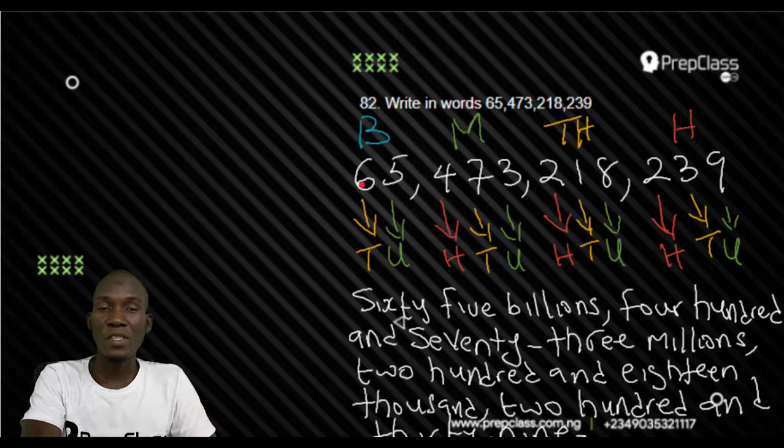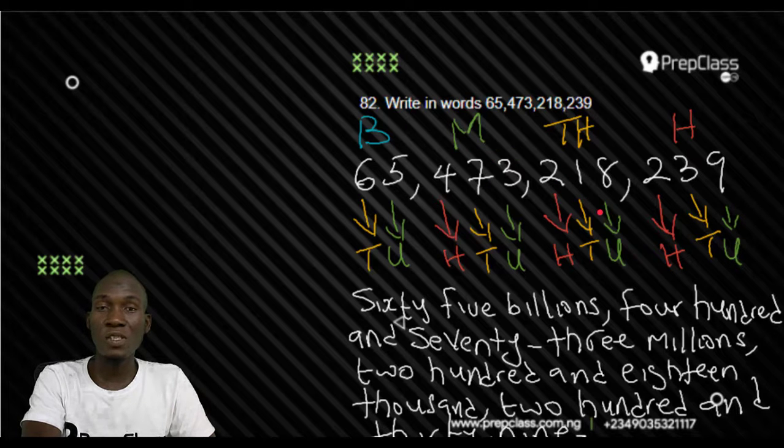Now, for 65, which is under the billions chunk, we name this as 6 tens and 5 unit, that is 65. Since it is under the billions, it will be 65 billion. For 473, 4 is under hundred, 7 is under tens, 3 is under unit. So we say 473, and because it is under the millions chunk, we say 473 million.